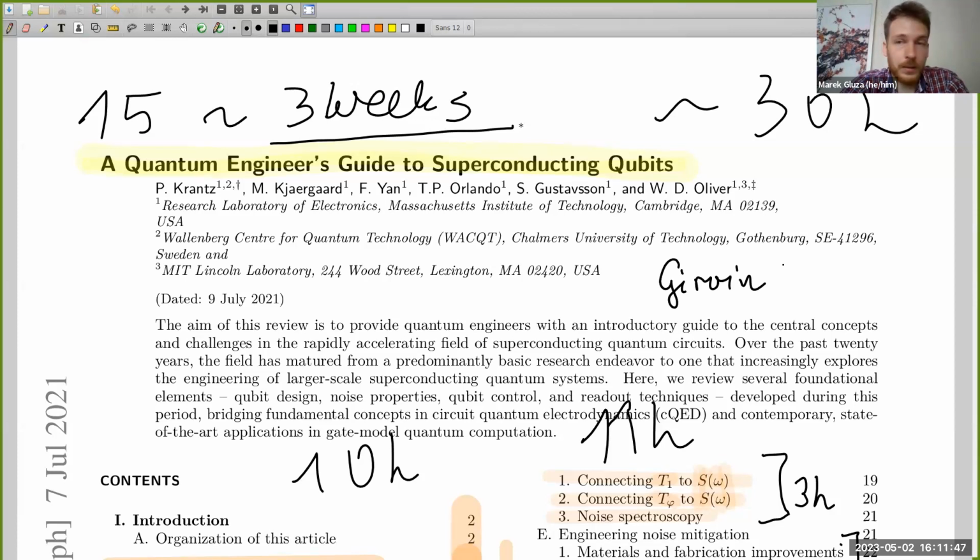And maybe you will need a little bit of QuTiP and so on to learn about this kind of stuff. So maybe 1 month of daily reading. Yeah, so a bit of a serious look at this.